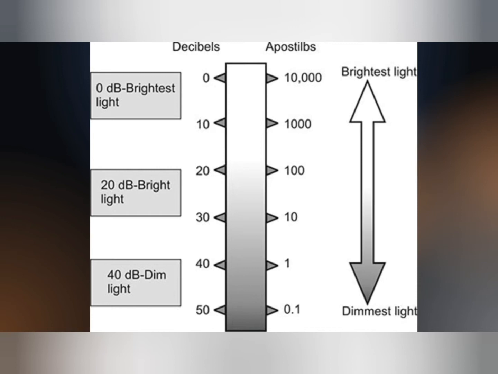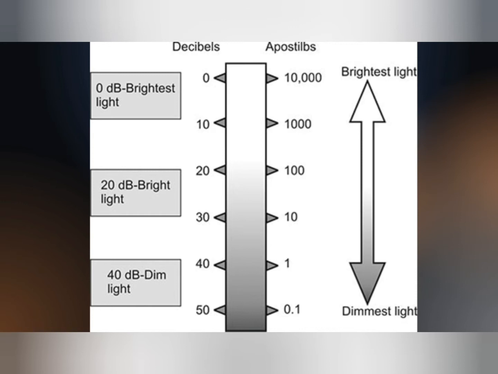This is why decibels were introduced, where decibels are directly proportional to the sensitivity of the retina. That means 0 decibel indicates the brightest light, and a higher decibel indicates a dimmer light.